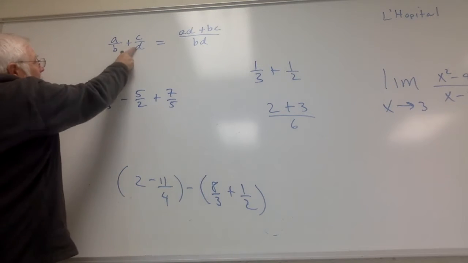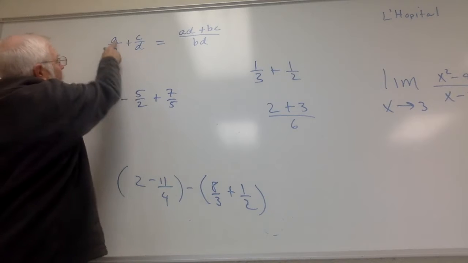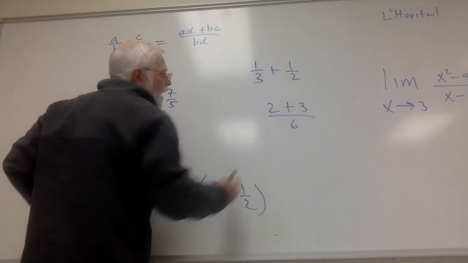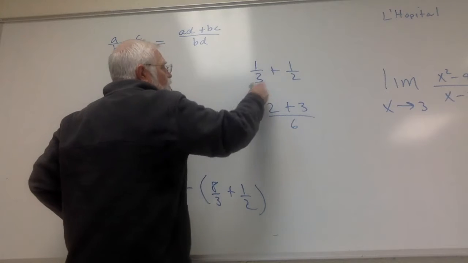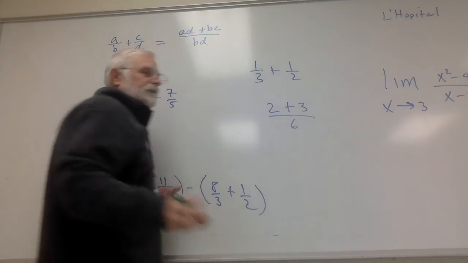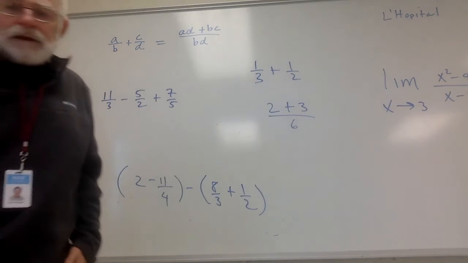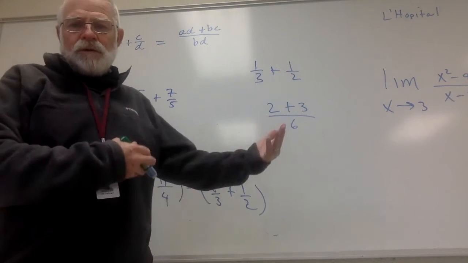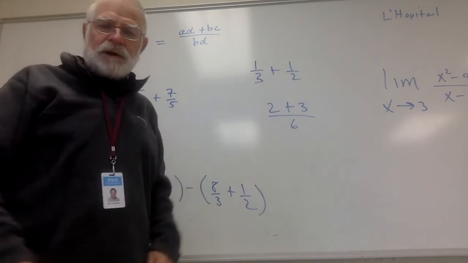Bingo, bango, bongo, right? So AD plus BC over BD. So if you were to add a third and a half, then it's 1 times 2 is 2, 3 times 1 is 3, 3 times 2 is 6. Piece of cake. It simplifies the process. You show the longer process and then you take the shortcut.